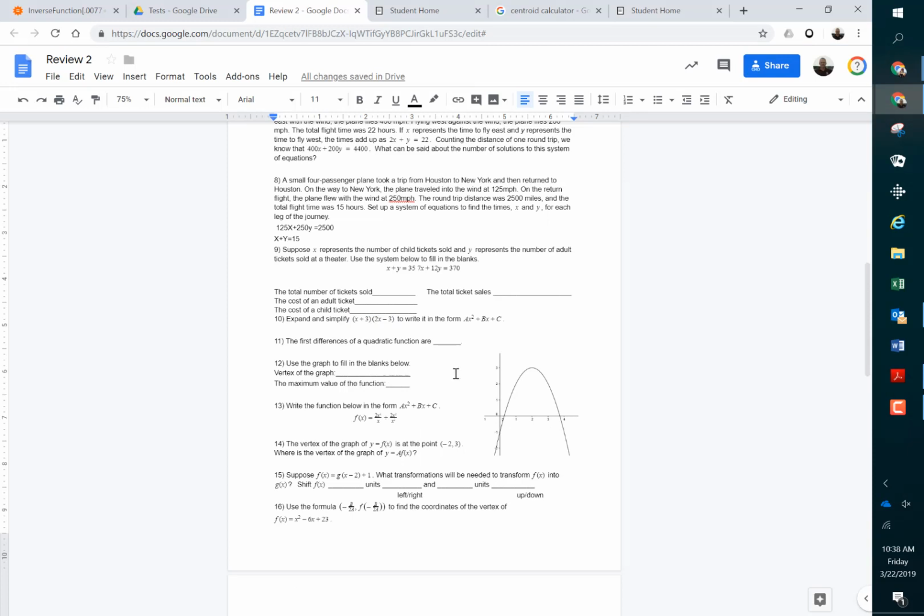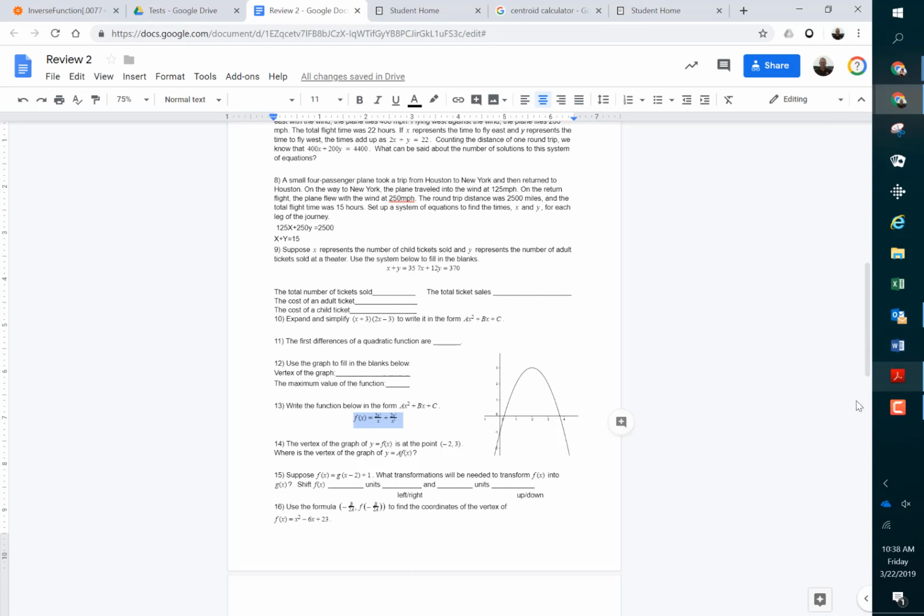First differences of quadratic are increasing or decreasing, I guess you'd say. The maximum value of this function is at 3, 2. The vertex is at 3, 2, excuse me. The maximum value is at 3. Write the function below in the form ax squared plus bx plus c.